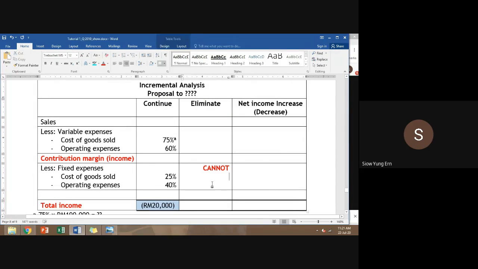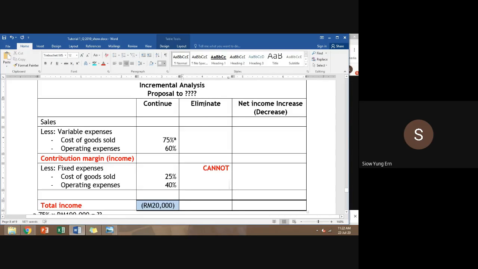So how much? 15,000 is what you can eliminate, but here is what you cannot eliminate. So how much do you get? Correct, 20,200, because that amount cannot be eliminated.